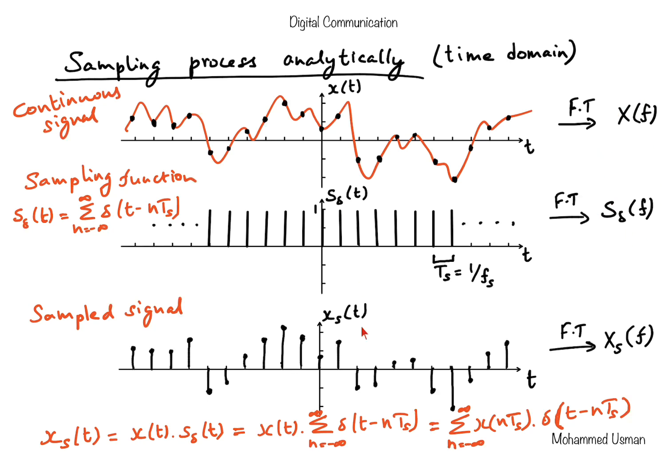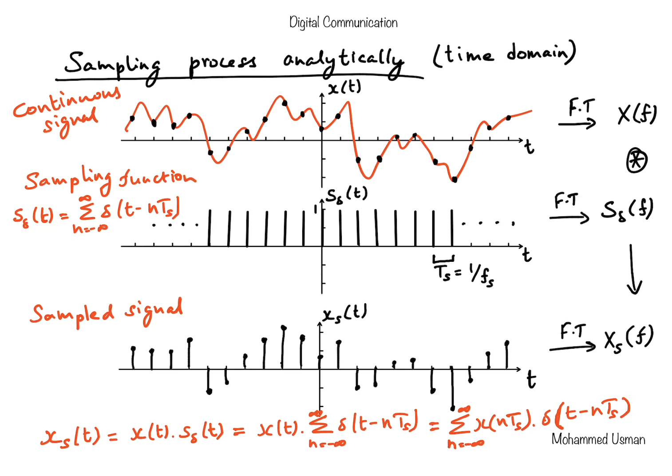So here in the time domain, we are multiplying the signal x of t with the sampling function s delta of t. In the frequency domain, that would correspond to convolving their respective spectra. So in the frequency domain, if we convolve X of f with S delta of f, that should give us the spectrum of the sampled signal X s of f.